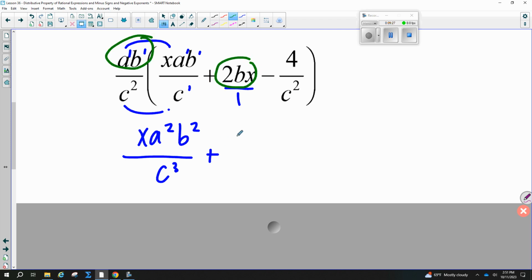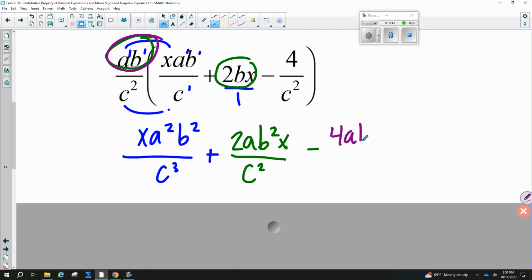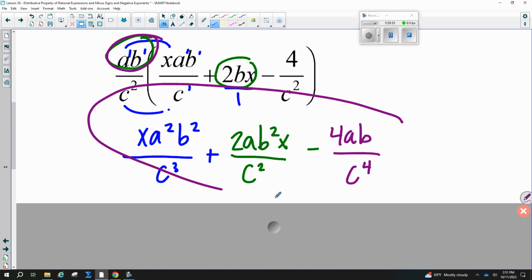That would be 2ab squared x over c squared times 1 would just be c squared minus. Now we're going to do the top to the top here, so that would be 4ab. And then c squared times c squared gives us c to the 4th. And then look within each fraction to see if anything simplifies, and none of these simplify. So that is your answer.